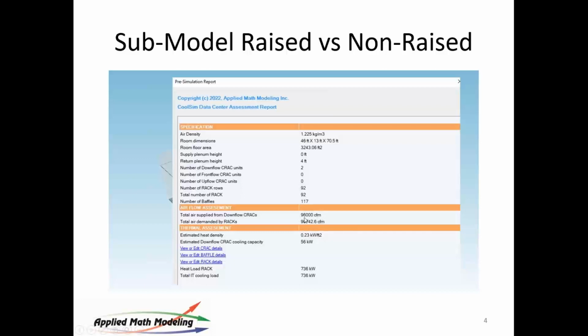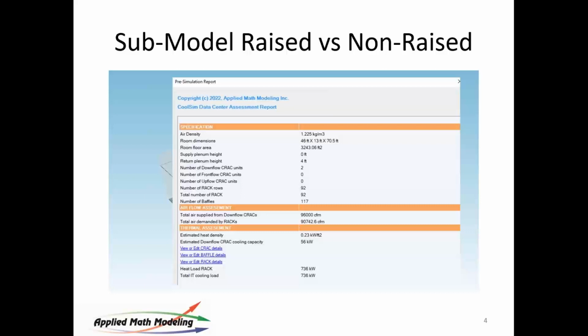The supply air from those downflow units needs to be sufficient to meet the demand of the rack. Remember, the rack needs about, and I'm afraid for my international friends, I'm going to use American units here because that's the most natural, I suppose, to me. And so I'm going to use CFM.